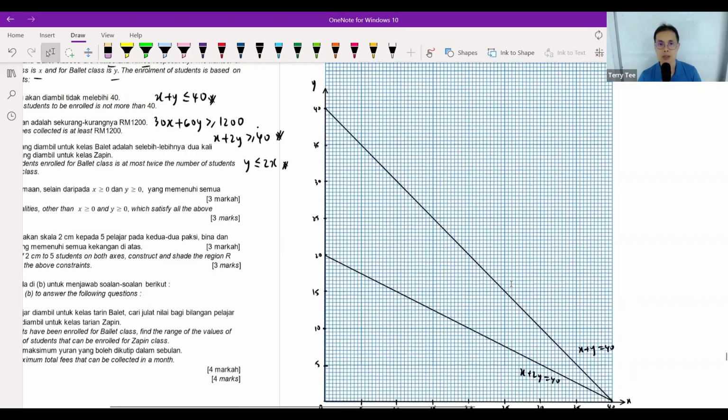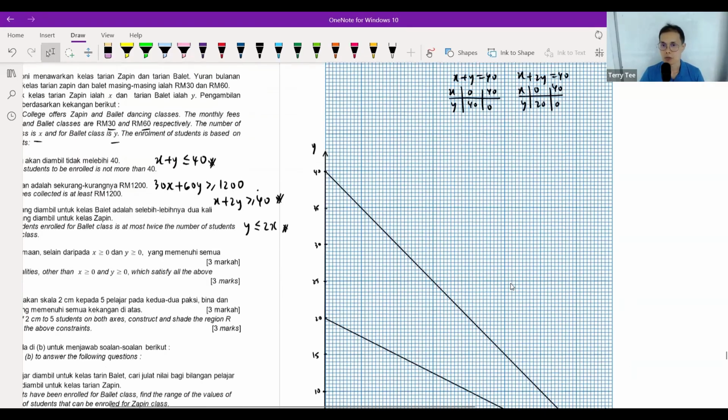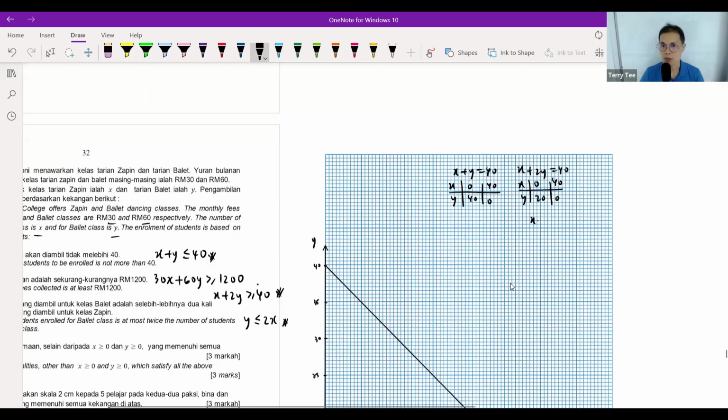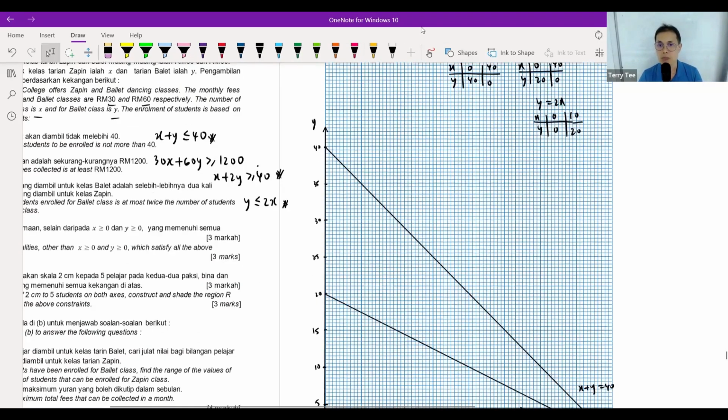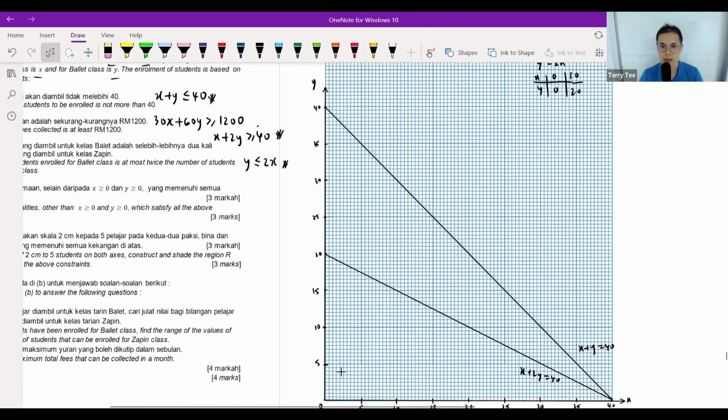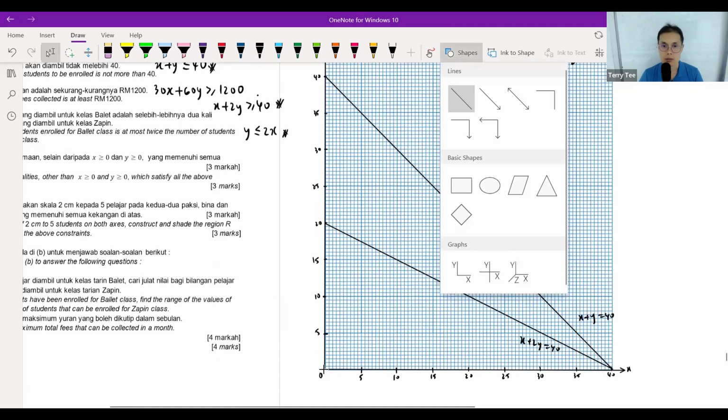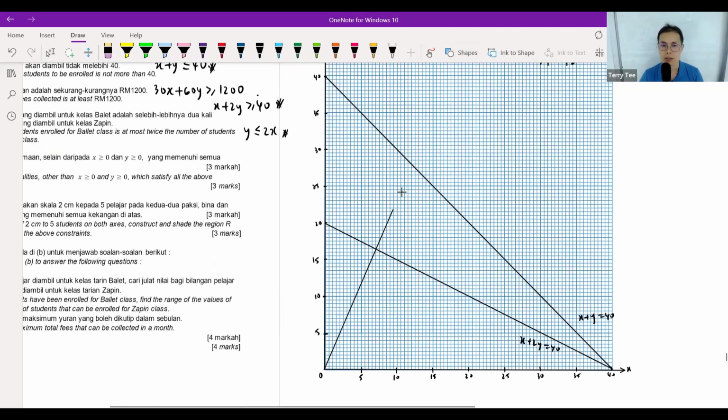The third line is y equals 2x. We use x equals 0, y equals 0. For the second point, you can use any value, maybe x equals 20 or 10. 10 will do. Then y will be 20. Okay, 10, 20 is very small, so you can draw even longer. 0, 0 is here, and 10, 20 is over here.